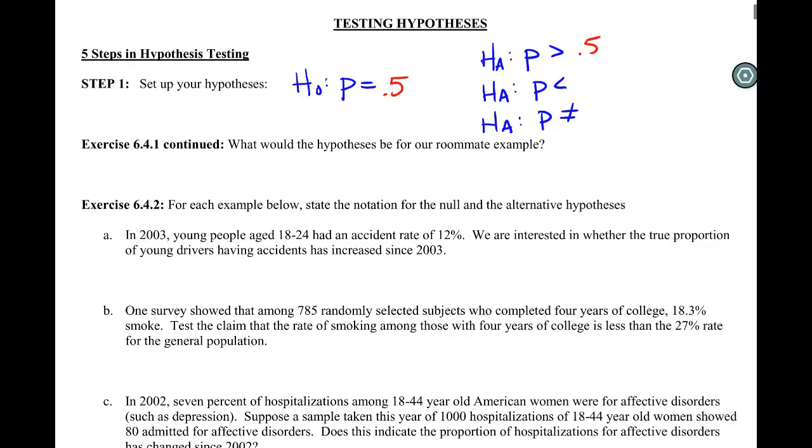There's some reason the babies are choosing the helper, or that our coin is giving out more than 50% heads. But we could also be saying we want to show it's giving out less than 50% tails. We could have used this for our alternative if our success was tails instead of heads. And then the last option, I don't care what the actual value is. I just want to show it's not a fair coin, or that there's something going on. The babies are choosing in some direction. So these are our 3 options for our alternative hypothesis.